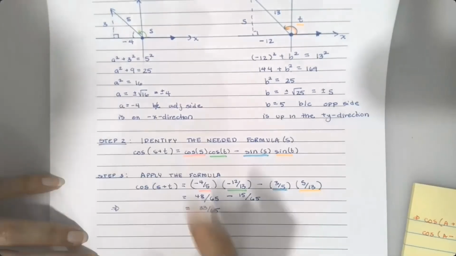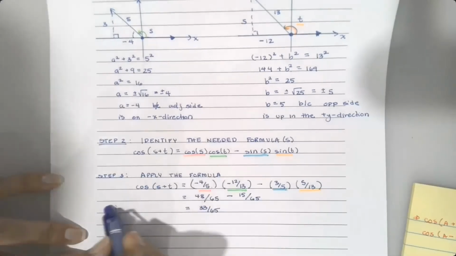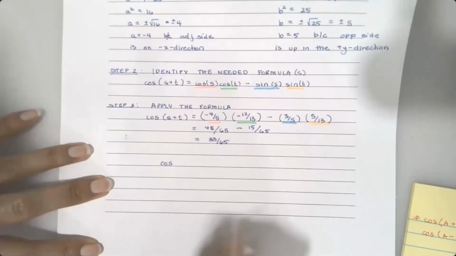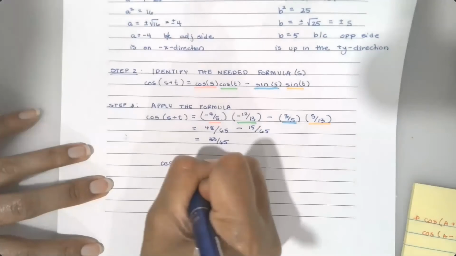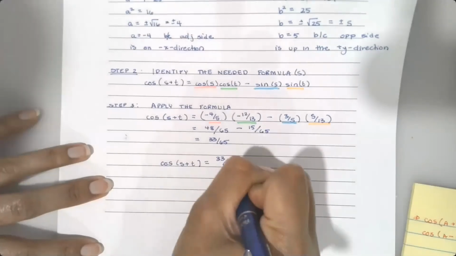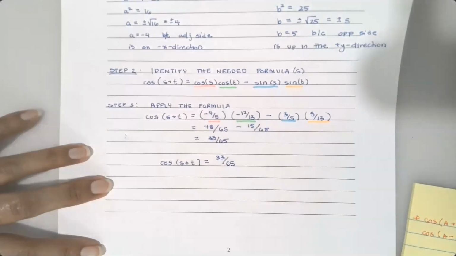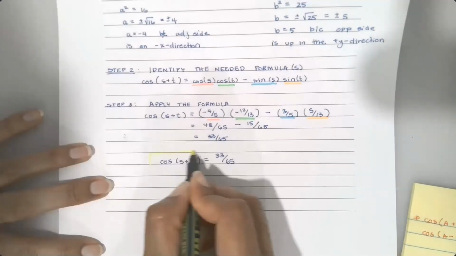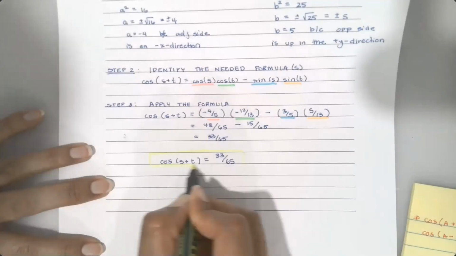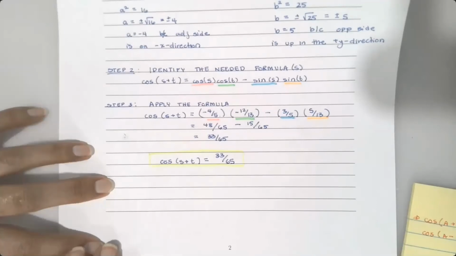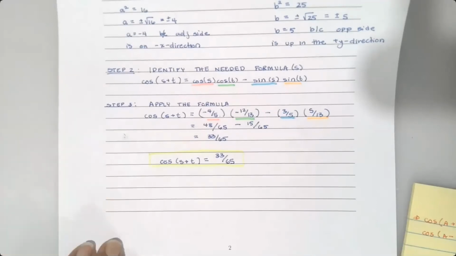Cosine of s plus t is equal to 33 over 65. Okay. Any questions?